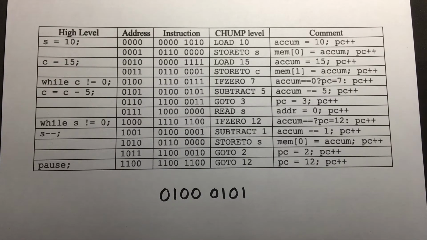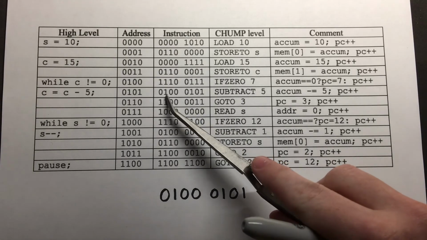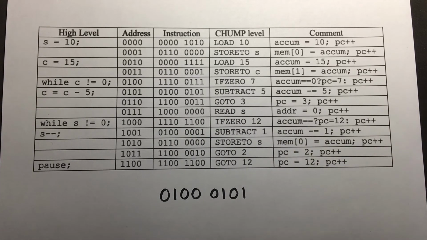So to go in a bit further depth, we have our program line here, 0, 1, 0, 0, 0, 1, 0, 1. So this is the subtract 5 command. There are a couple parts to this line of code.